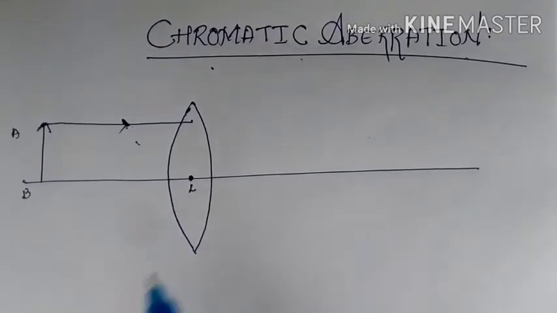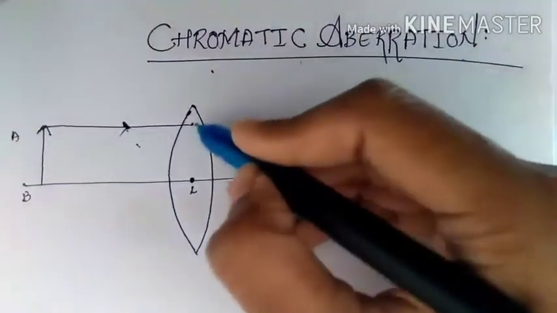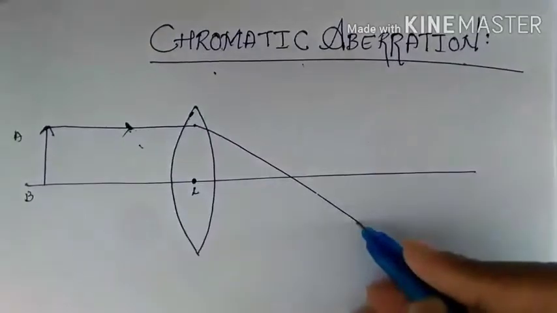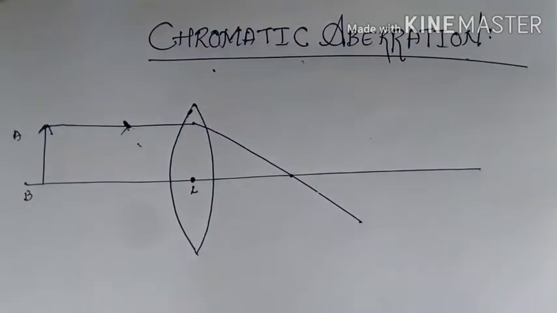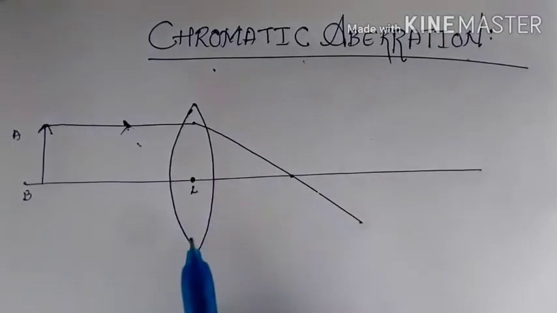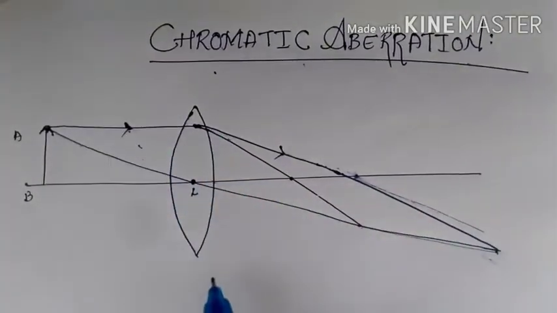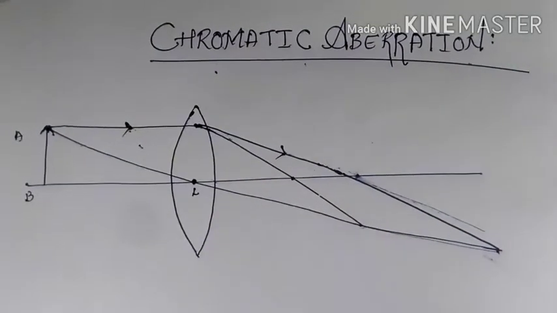So let's suppose the first ray crosses the principal axis at this point, and the second ray gets refracted from the lens and crosses the principal axis at this point.